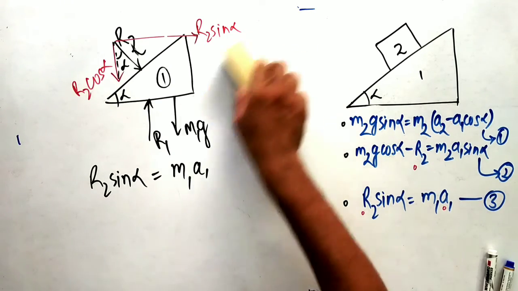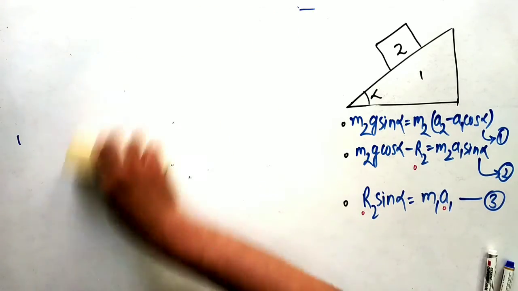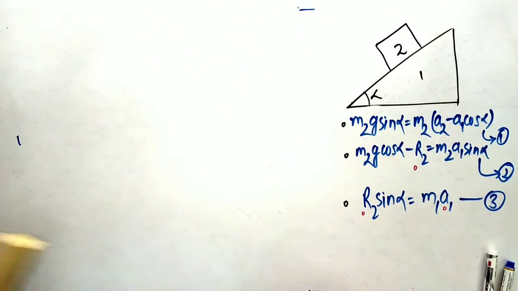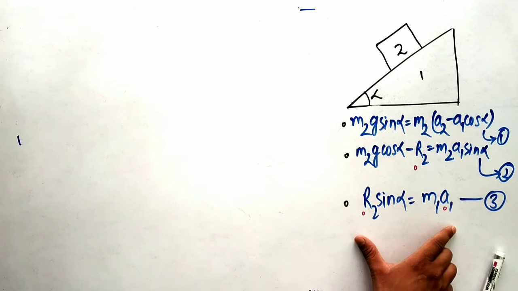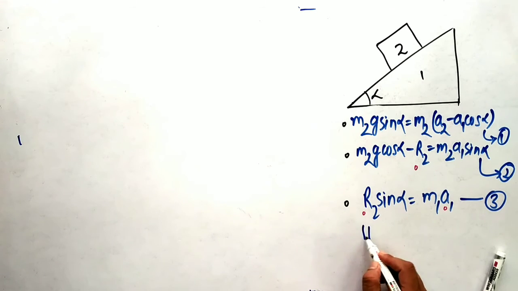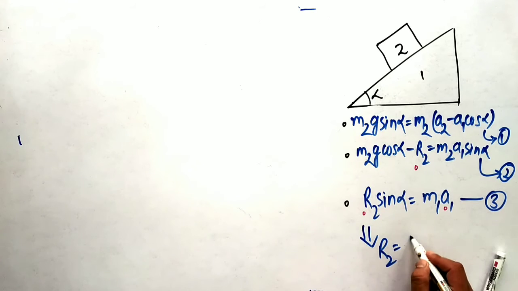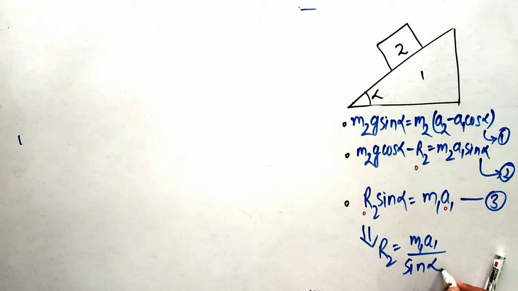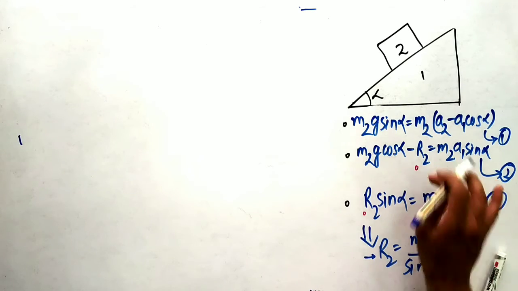So simple. It's going to be, from here I'll take R2 is equal to m1 a1 by sin alpha. This implies that R2 is equal to m1 a1 divided by sine of alpha, and we'll put this value of R2 in this equation.